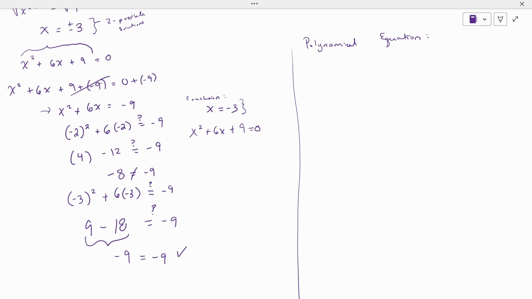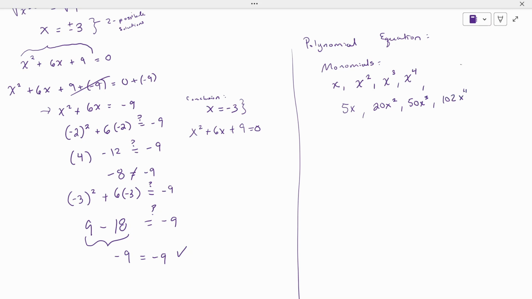And so the easiest polynomials that we work with, we call them monomials. Some examples of monomials would be just an x squared, x to the third, x to the fourth, 5x, 20x squared, 50x to the third, 102x to the fourth.